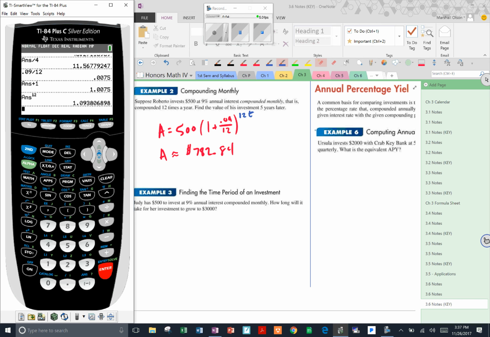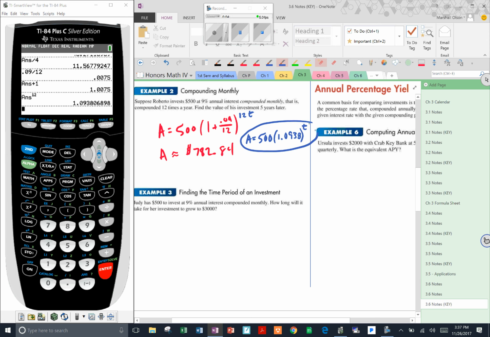All right, so just as a little side note here, we could simplify this to 500 times 1.0938 to the T, because I took that to the 12th. And now this would be as if it were an annual interest.